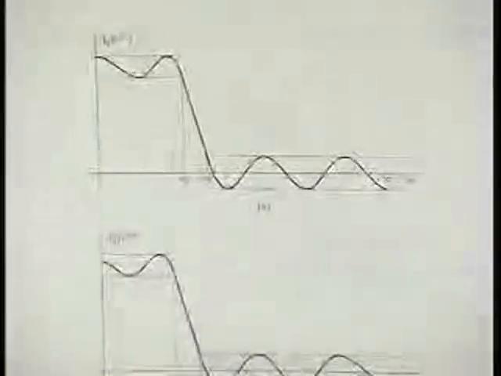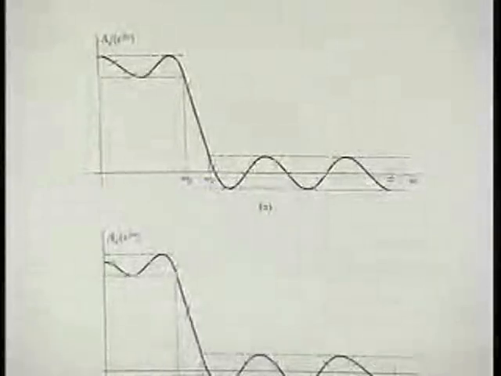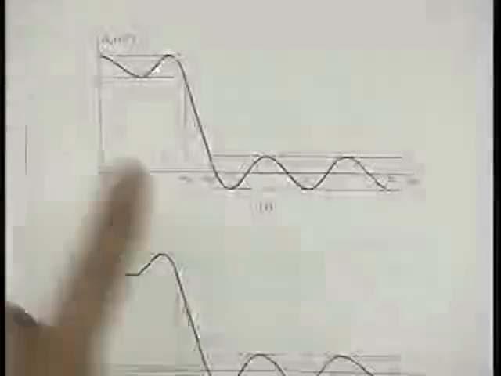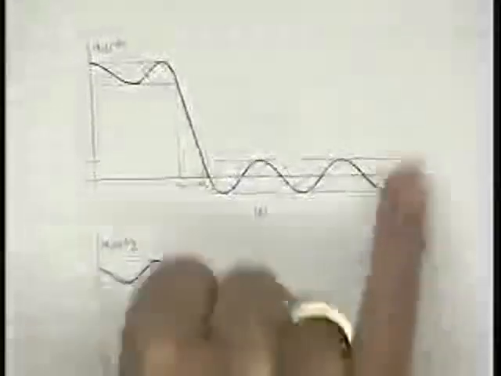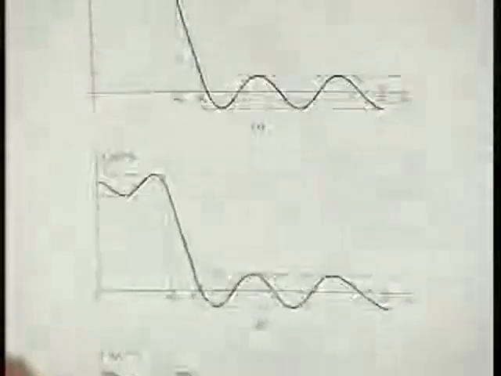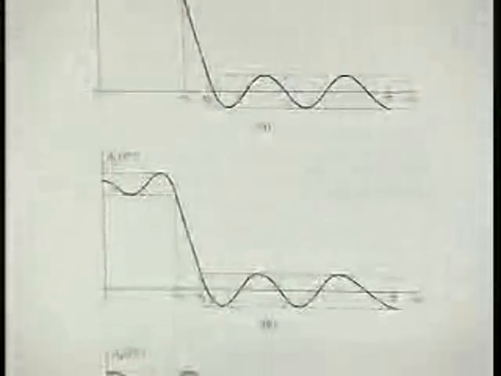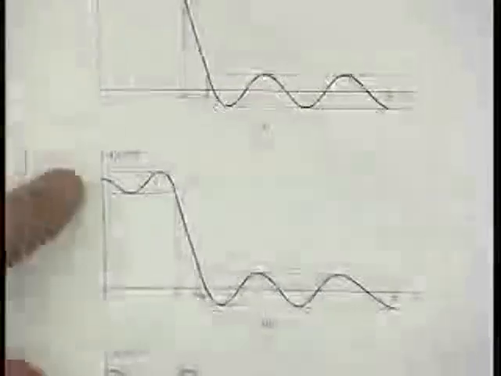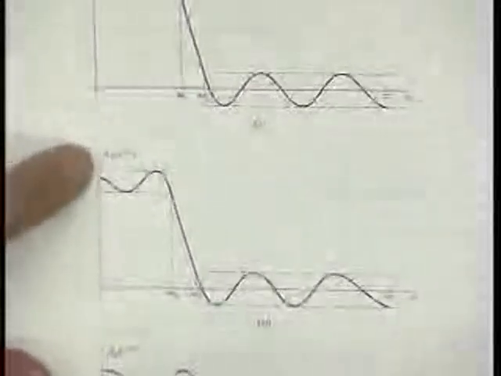Well, if m is equal to 7, it could have 9 or 10 alternations. So what does it have? 1, 2, 3, 4, 5, 6, 7, 8, 9, 10. So good, that's a kosher thing. That could possibly be an optimal filter. Come down here now. Again, m is equal to 7, so we could have either 9 alternations or 10. How many have we got? Is this an alternation? No, it doesn't hit that line up here.